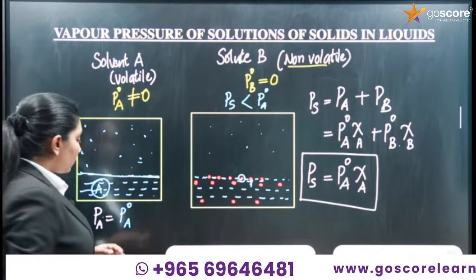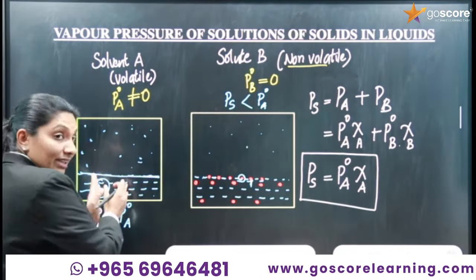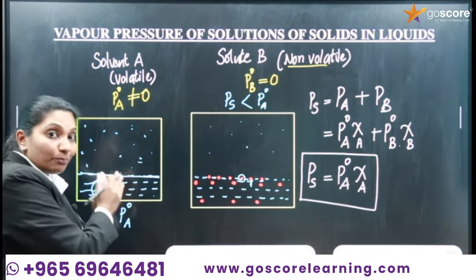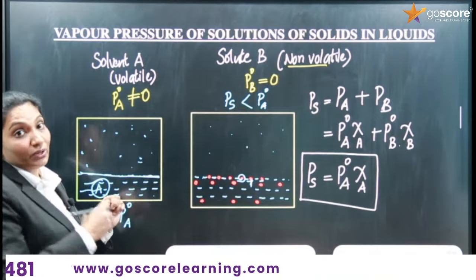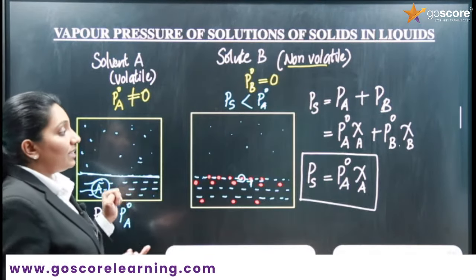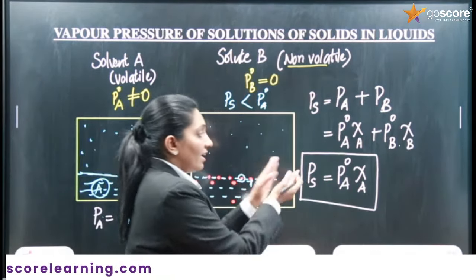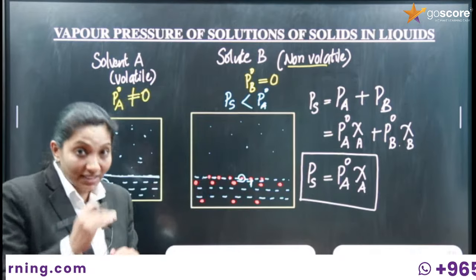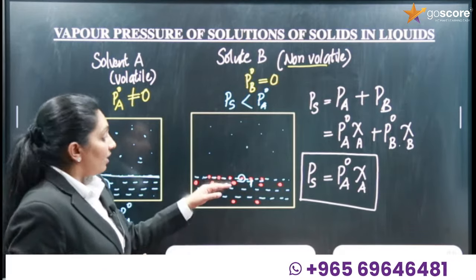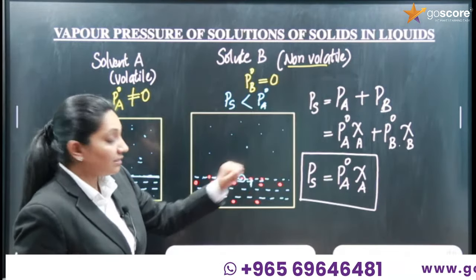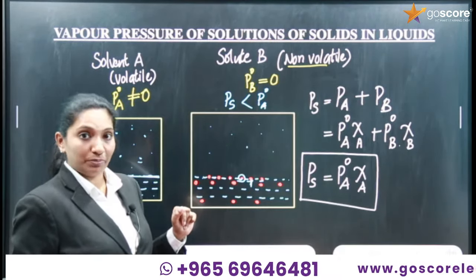So see here, initially when you take the pure solvent, the vapor pressure P naught A value is more. But in the solution, its vapor pressure is getting reduced. It's lowered because the solute particles hinder the formation of the vapors, right?